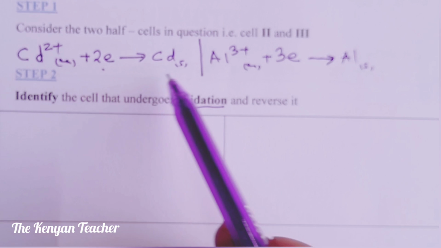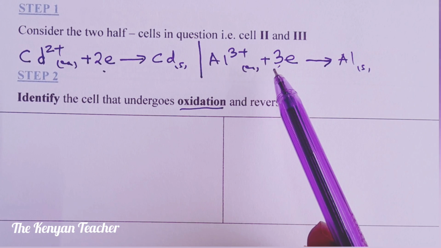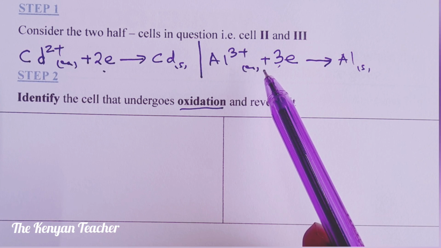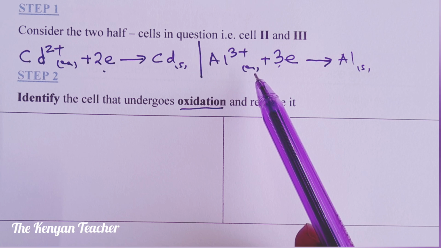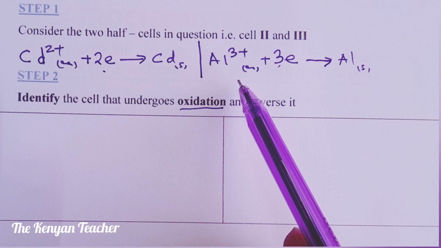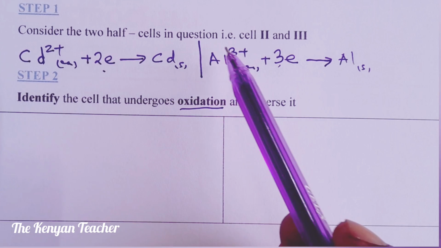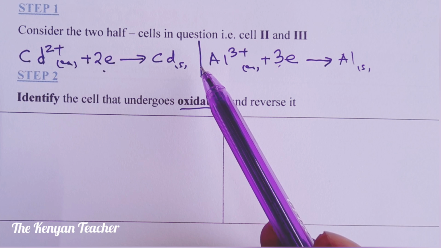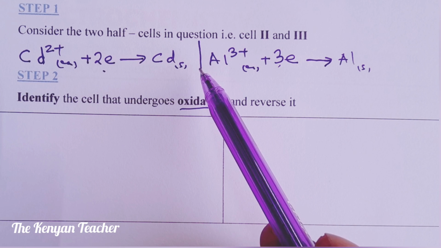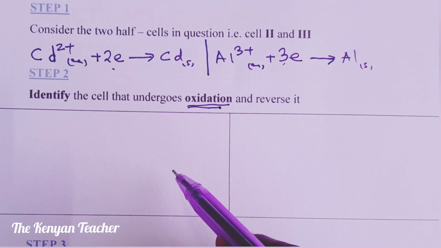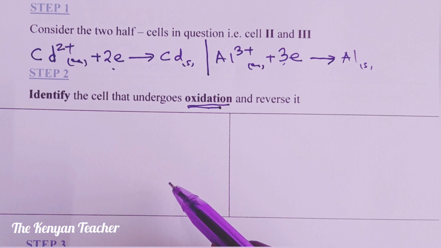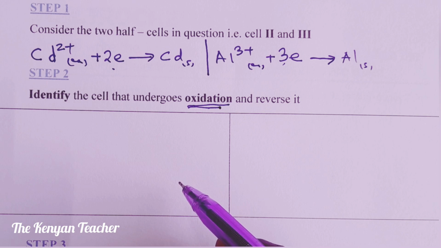The second one has accepted 3 moles of electrons. In class, we told you that acceptance of electrons is reduction. But when you connect these two half cells, one must undergo oxidation and therefore will form our anode, as the other one undergoes reduction and remains the cathode.